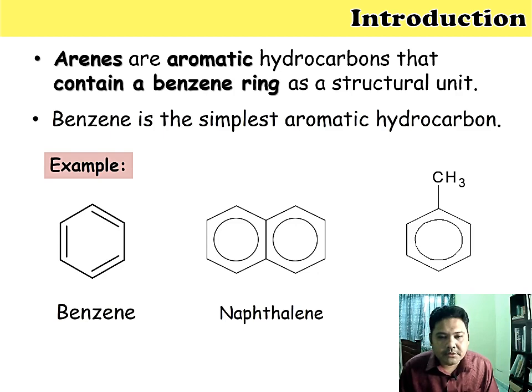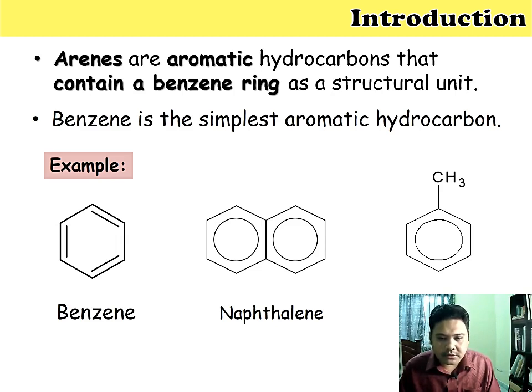So for benzene, we can classify it as an arene, because an arene is one type of hydrocarbon, if there are no other atoms attached to the benzene ring. For example, benzene itself, naphthalene, and also this structure, toluene.